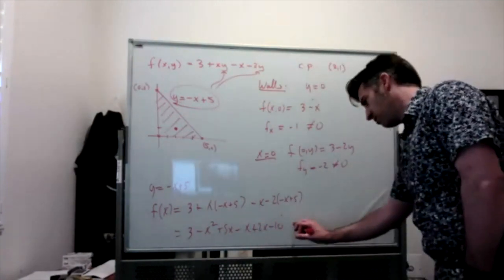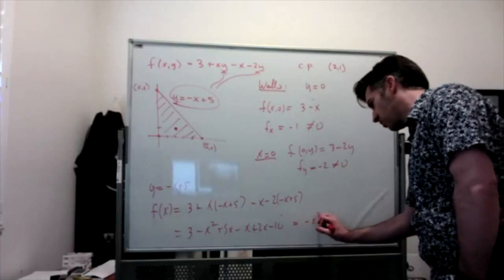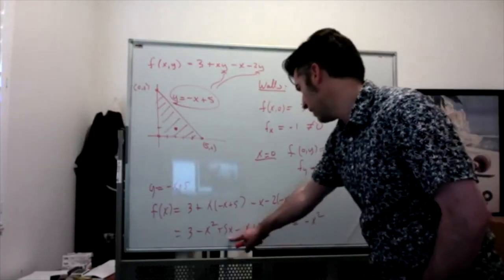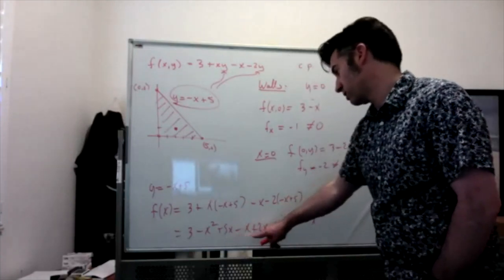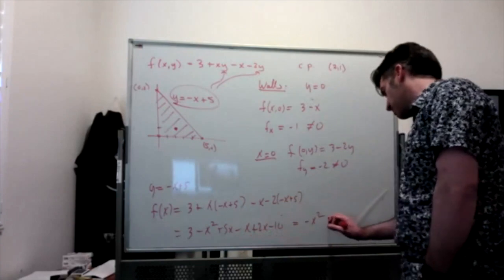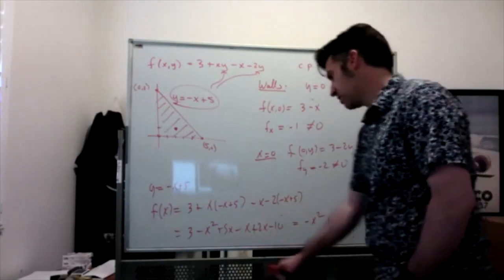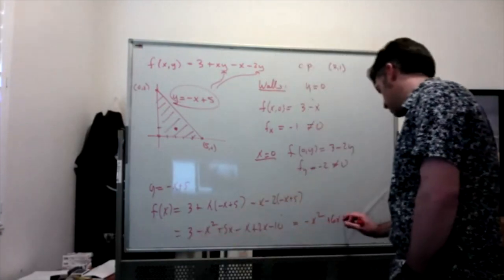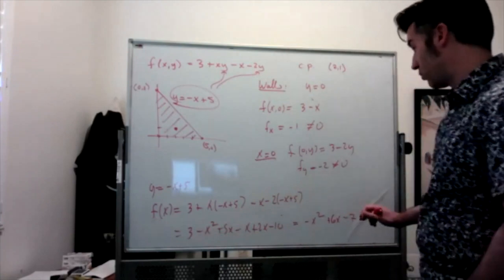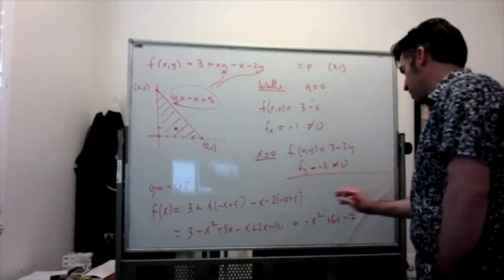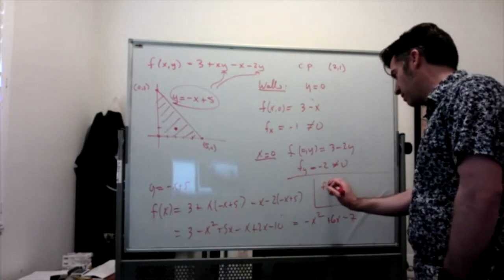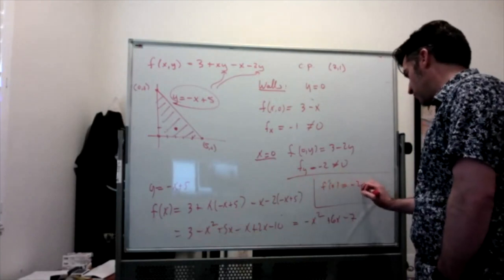Let's simplify that a little bit more. I get negative x squared plus 5x minus x is 4x plus 2x is 6x, and 3 minus 10 is minus 7. And then my derivative there, f prime of x, is negative 2x plus 6.